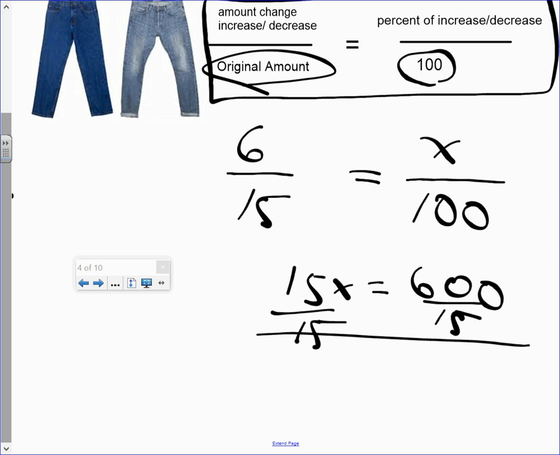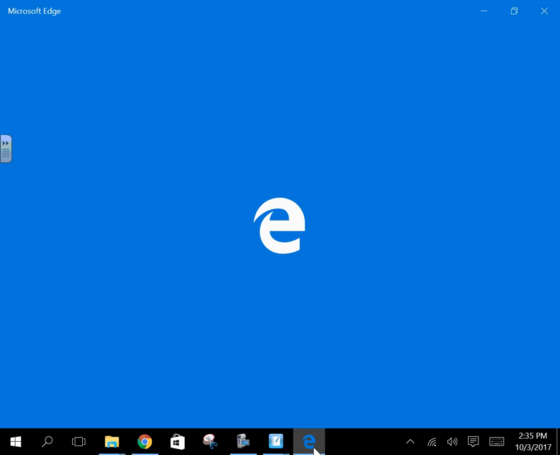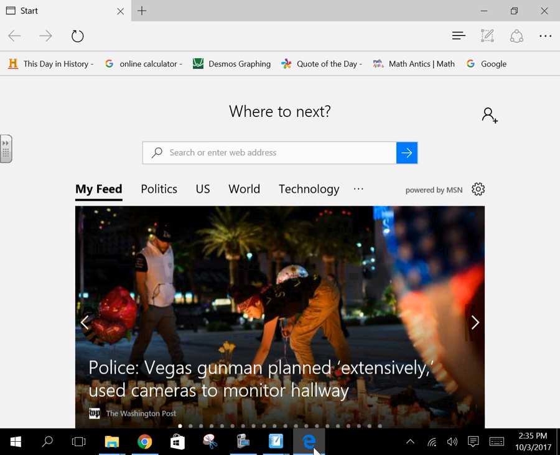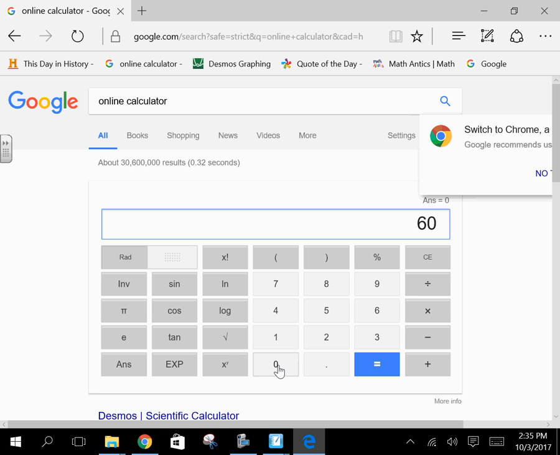So we're going to get X by itself, divided by 15. 600 divided by 15. Let me get my calculator here. 600 divided by 15, 40.